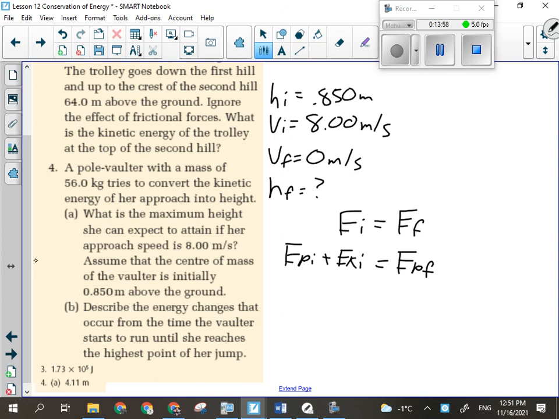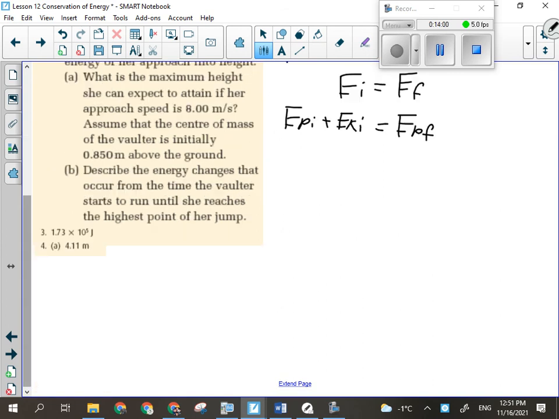All right. So now I can plug in my formulas. M times G times H initial plus 1/2 M V initial squared equals M G H final. What can I cancel? Mass, yeah, I don't need it. I can leave it in if I want to, but in this case, I'm not looking for energy, I'm looking for height, so I don't need the mass.